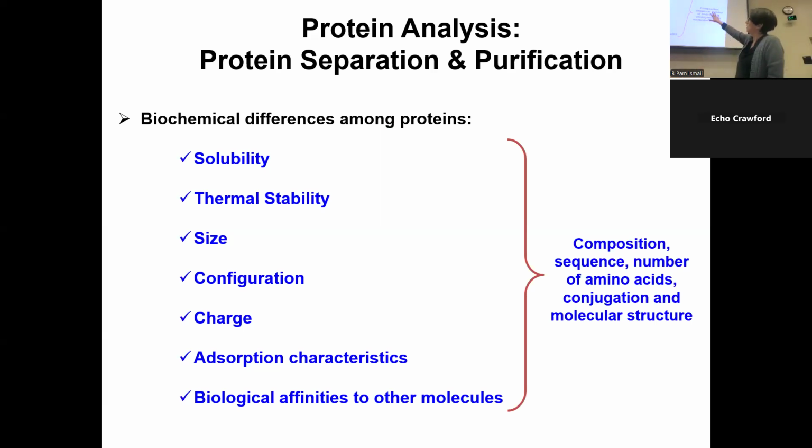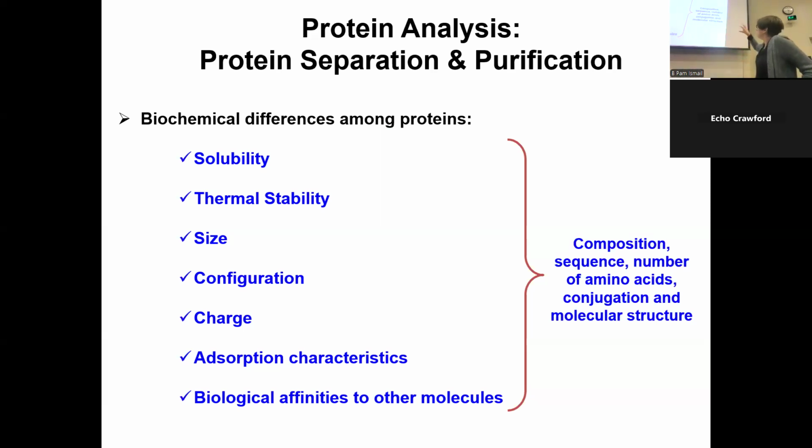So what influences these biochemical characteristics? Of course, the composition, that means amino acid composition to be specific. And not only the composition, the sequence, where each amino acid comes in the sequence, and then the number of amino acids. So how big is the protein? You can have 180 amino acids, you can have 1,000 amino acids in that protein.